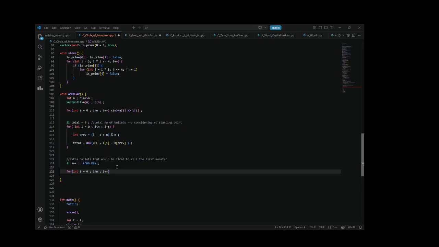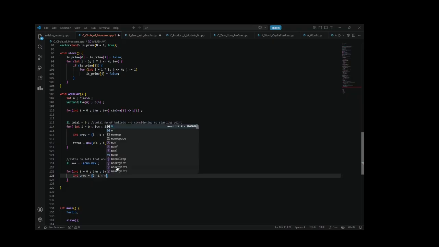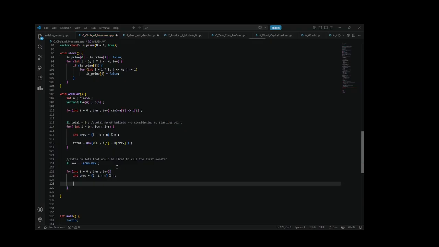Again we'll define the previous index as (i minus 1 plus n) modulo n, and extra bullets here.